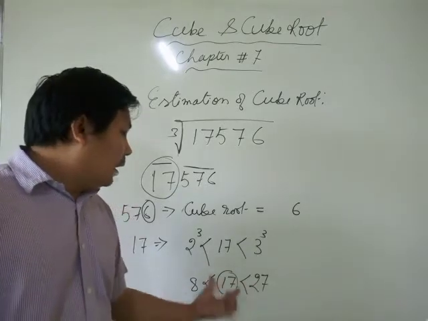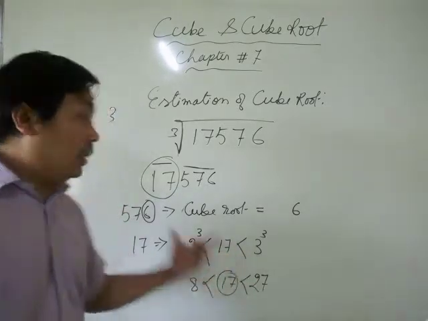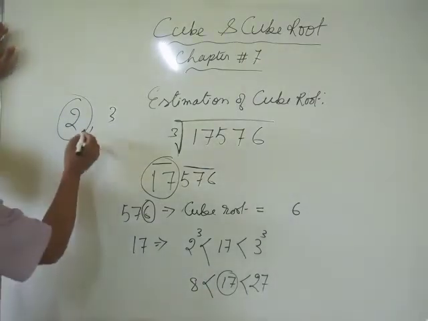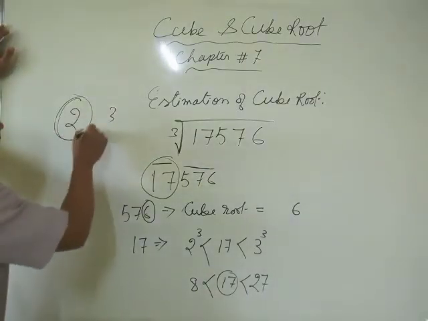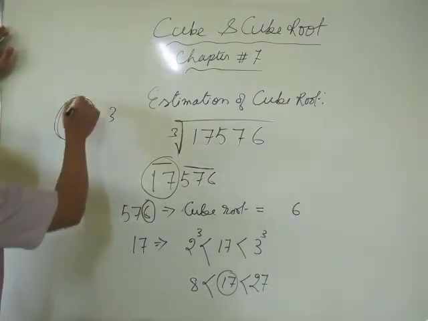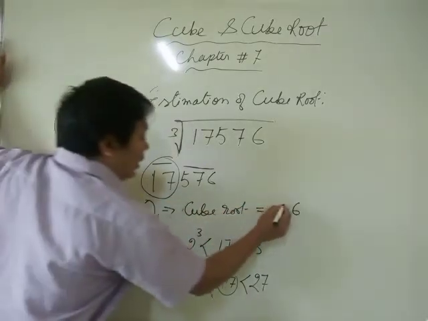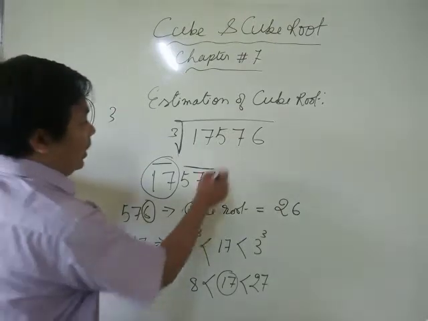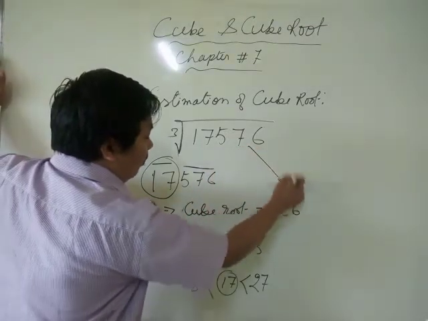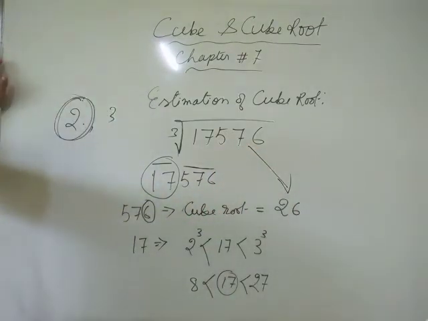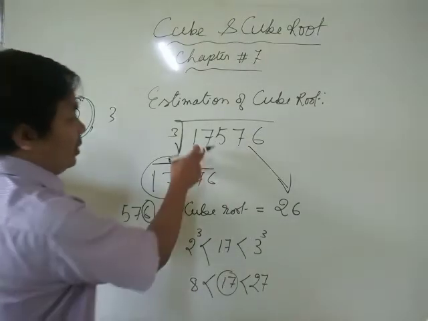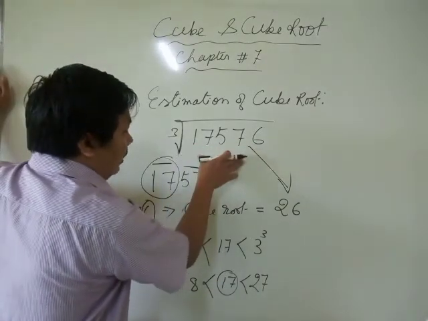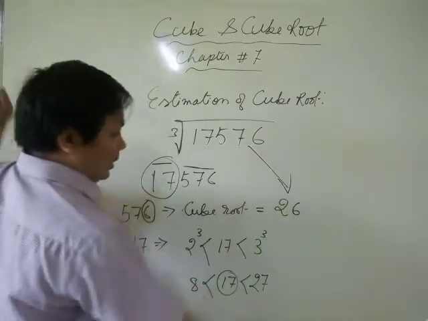Take the smaller one, 2. This smaller number 2 will be the other digit of the cube root. That's it. So the estimated cube root of this number, 17,576, is 26.